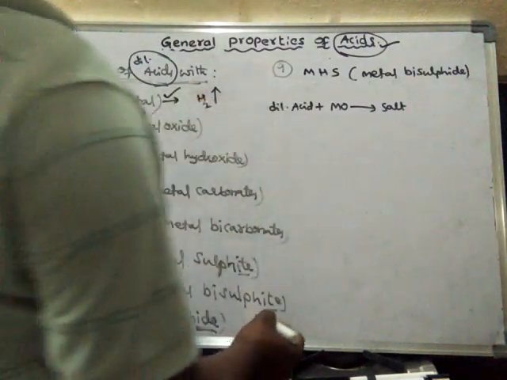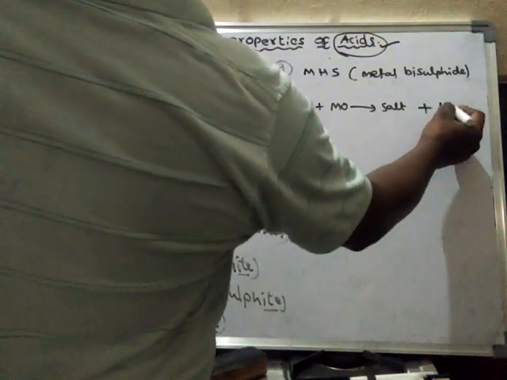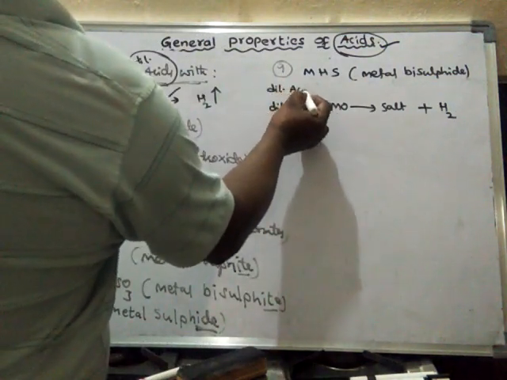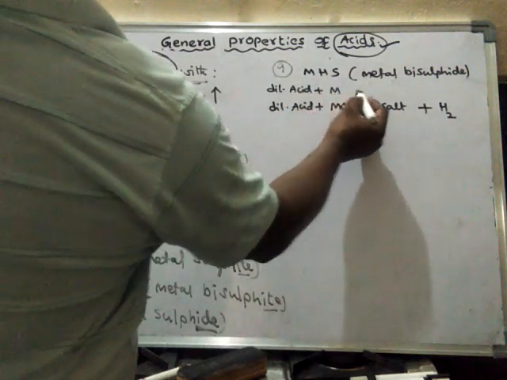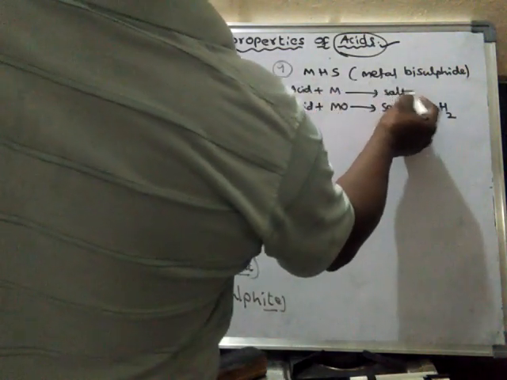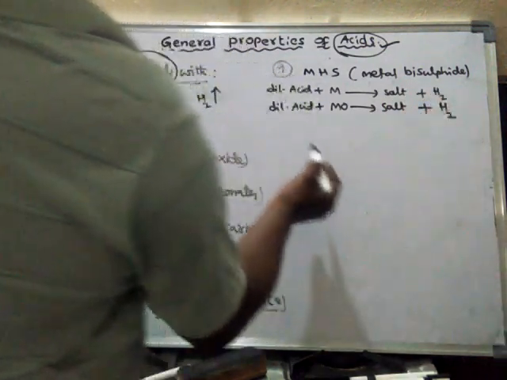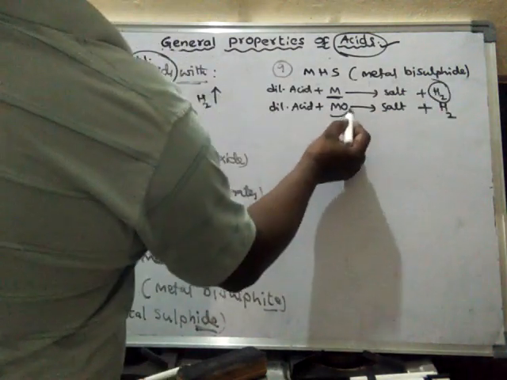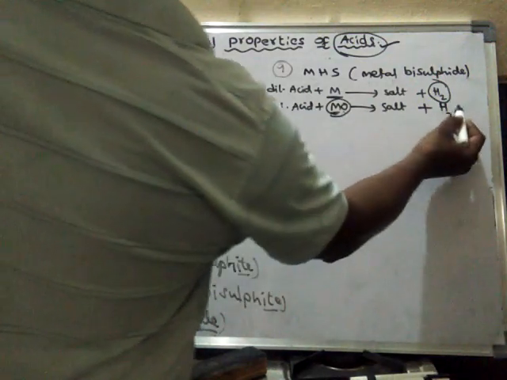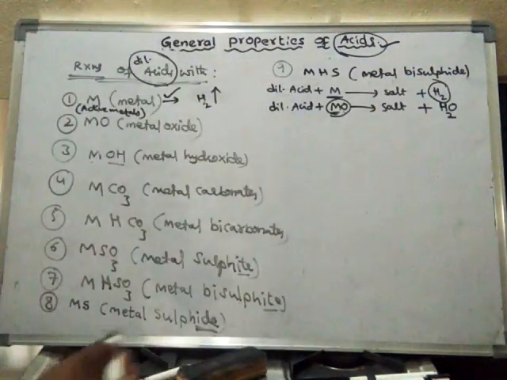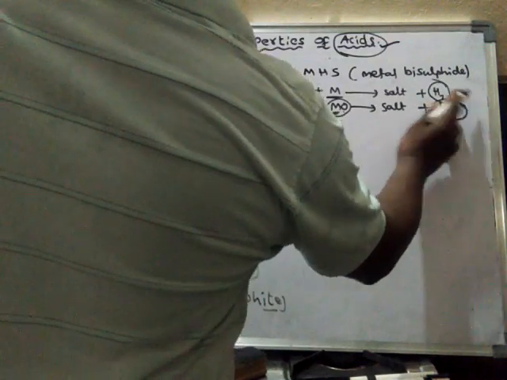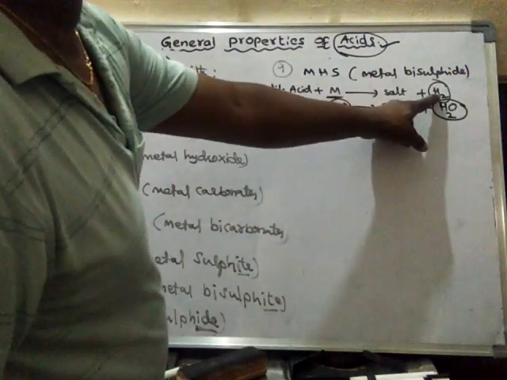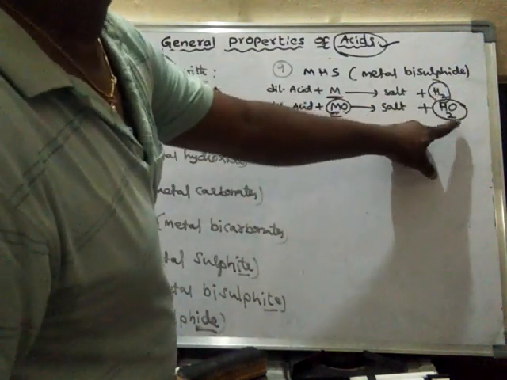Before that, dilute acid reacting with metal forms salt plus H2. When metal oxide is taken, it forms H2O. That is the difference. With metal it forms hydrogen, with metal oxide it forms water.